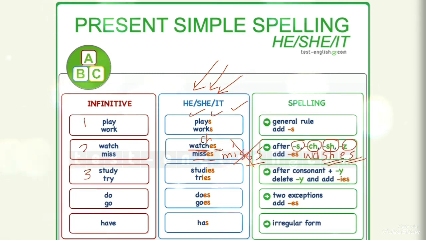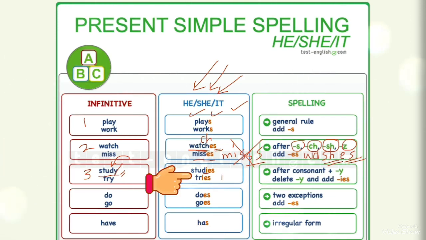Number 3, if I have verbs like study or try, this verb ends with Y, and before Y there is a consonant. If I see a verb that ends with Y and before Y a consonant, I will delete letter Y and put I instead, and then I will put ES.